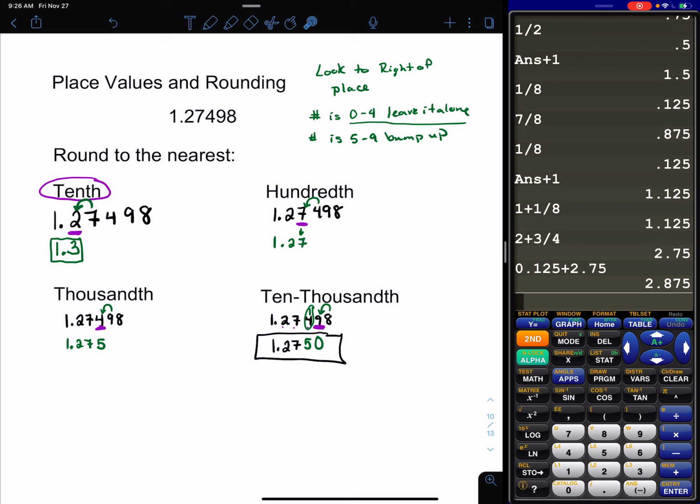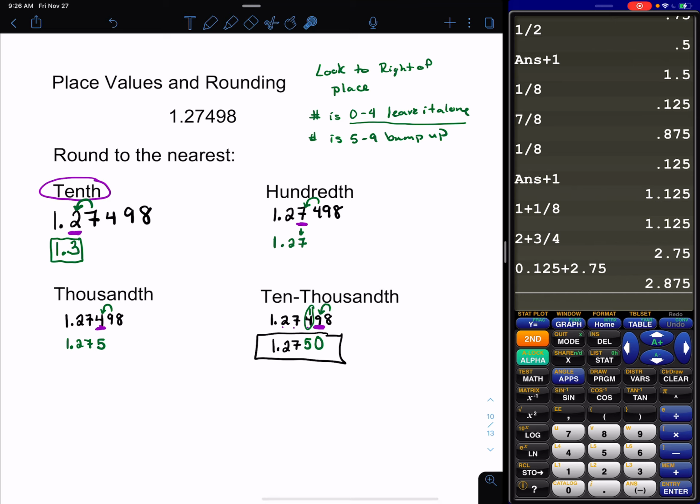So if we're rounding that same number to the nearest hundredth, 7 is in the hundredths spot. The 4 is right next to the 7 on the right. So that 4 tells us to leave it alone. So we leave the 7 alone, and we'll have 1.27, or 1 27 hundredths, as our answer.